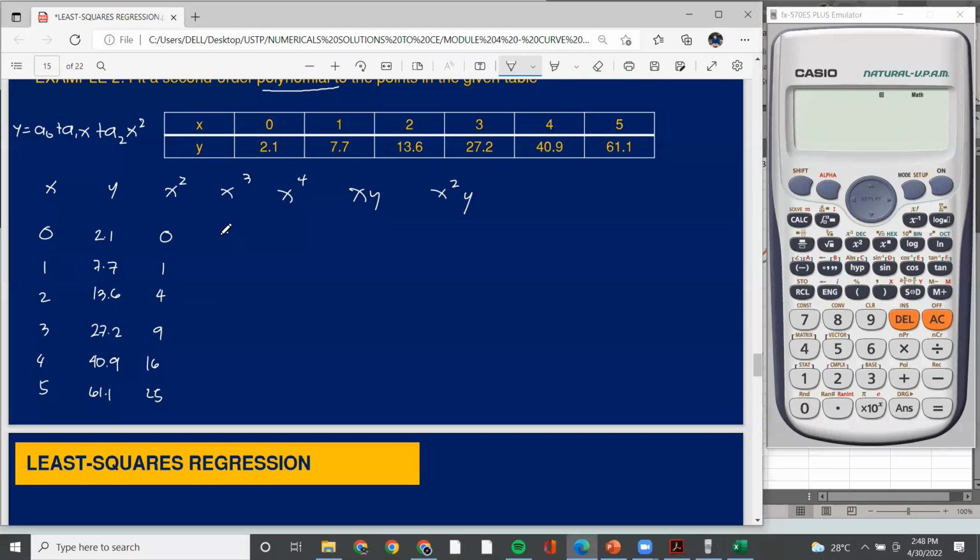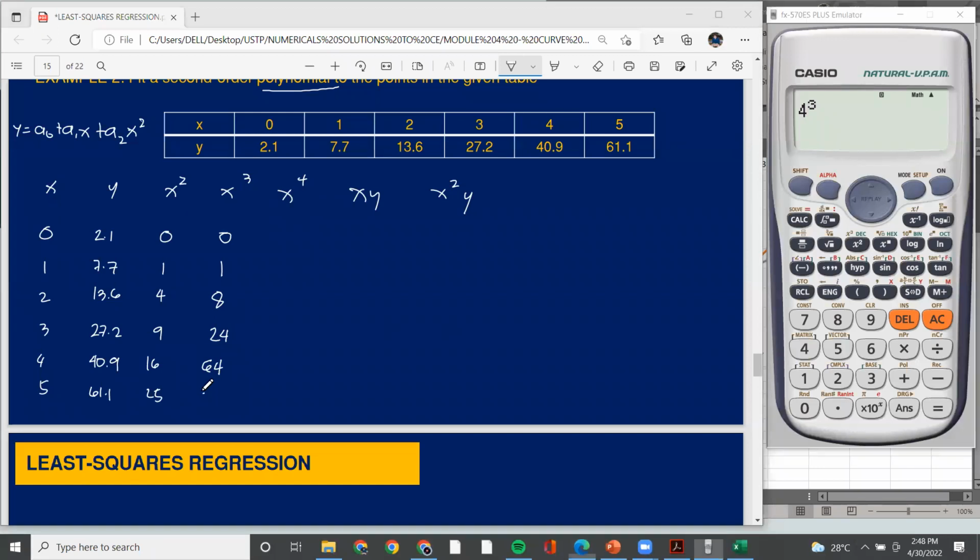We have 0, 1, 2 cubed is 8, 3 cubed is 27. 4 times 4, 16 times 4, ila? 64. And 125.